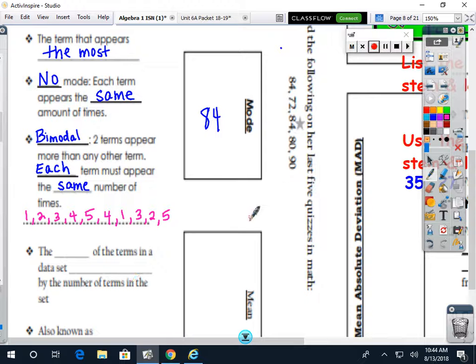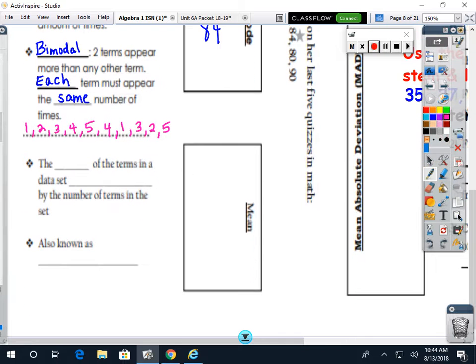Now the next thing that we're going to talk about, the next measure of central tendency, is the mean. Have y'all heard that word before? The mean is the sum of the terms in a data set divided by the number of terms in that data set.